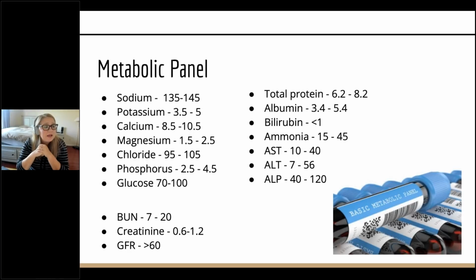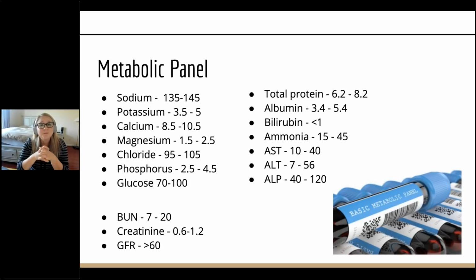Now, next we have creatinine. The explanation of this is fairly similar to your BUN. Creatinine is another waste product. It happens when we have breakdown of muscle, and that gets converted into this creatinine product. Again, we rely on the kidneys to get rid of it for us.